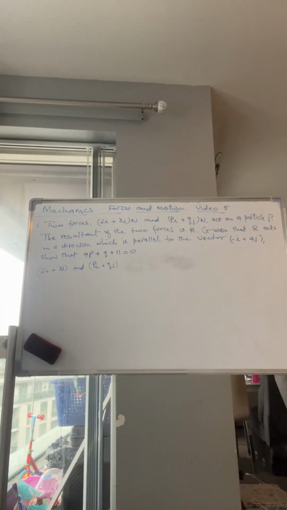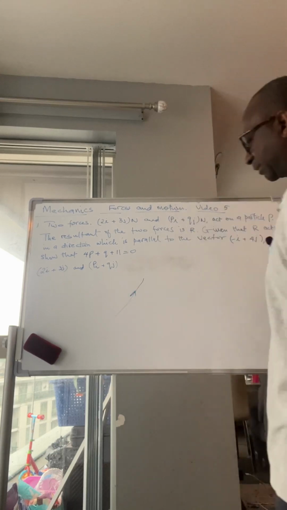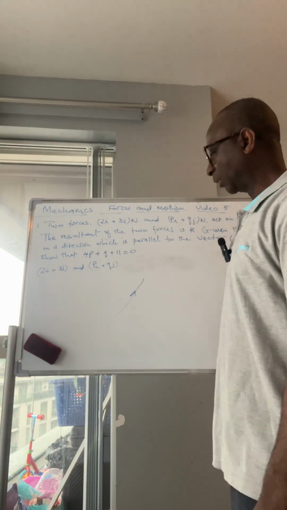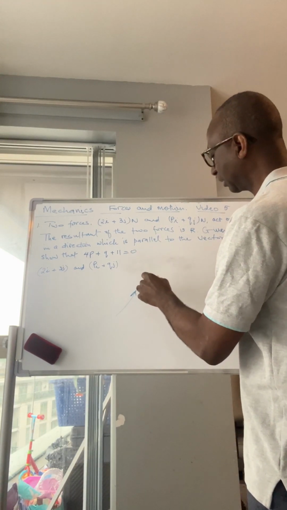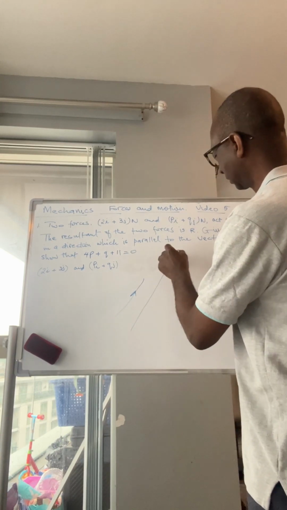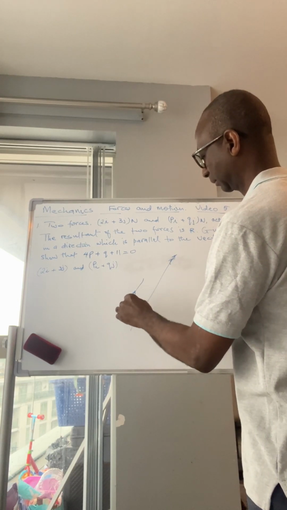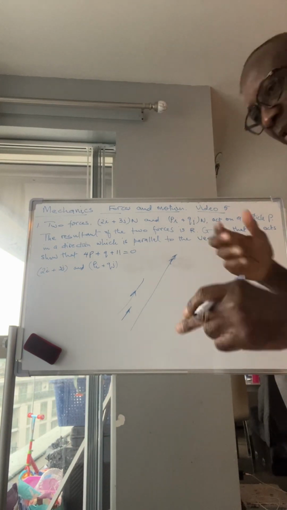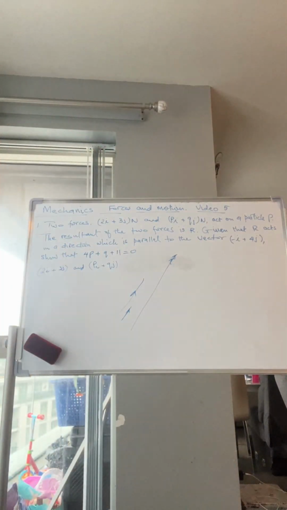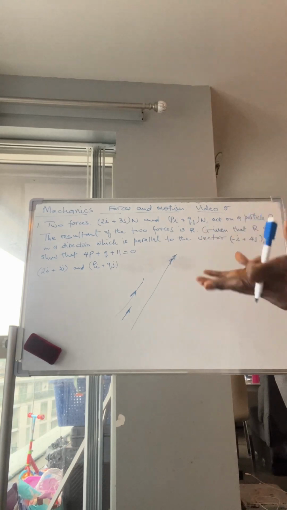If you have a vector like this, and you are told another vector is parallel to this one, it could be either this or this, because with parallel vectors, one is a multiple of the other.